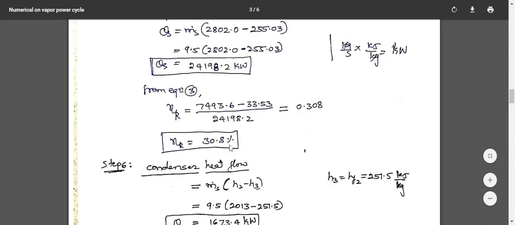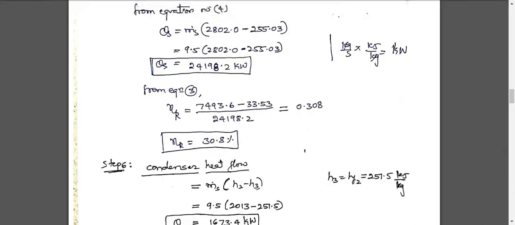And dear students, the maximum efficiency of the cycle in a steam power plant or vapor power cycle is in the range of 35 to 45 maximum. It will not exceed that. Due to some calculator mistake, if you got a value like 70, 80 or 90, assume you have made a mistake. So 30 to 45 is the efficiency of the Rankine cycle.